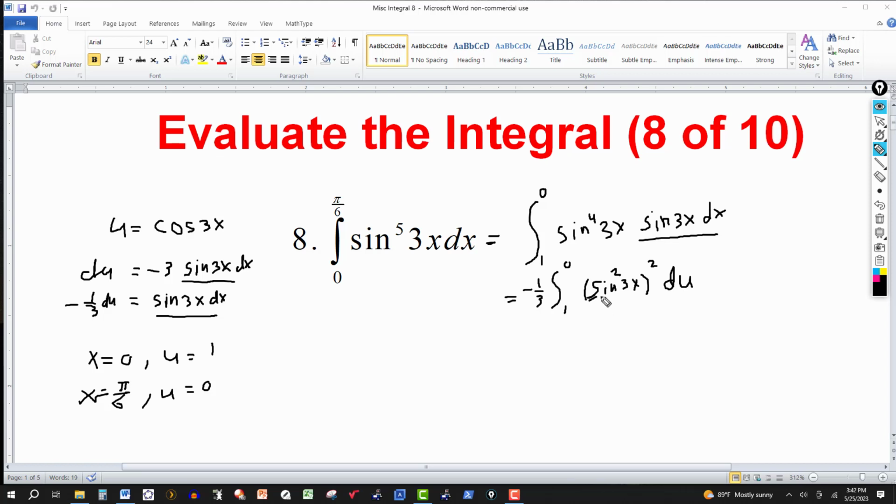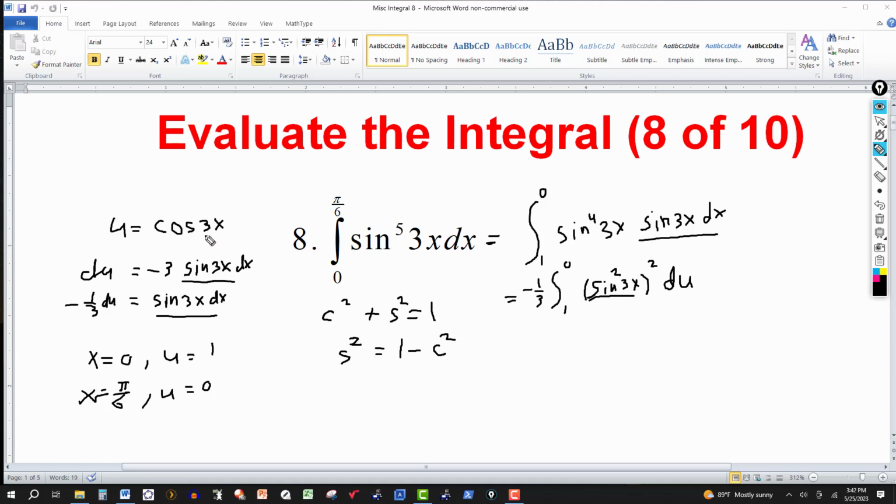Then we look at this expression right here, sine squared. We know that cosine squared of an angle plus sine squared of an angle is equal to 1. In this case, sine squared of an angle, in this case 3x, using this identity is the same thing as 1 minus cosine squared.